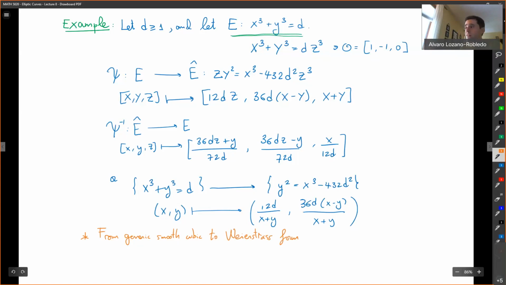This is actually explained, for example, in Silverman-Tate, in the undergraduate introduction by Silverman and Tate to elliptic curves. There, early on, they do an example of this. It's a little bit schematic. Then I actually wrote it in quite a bit more detail in my book, Number Theory and Geometry.